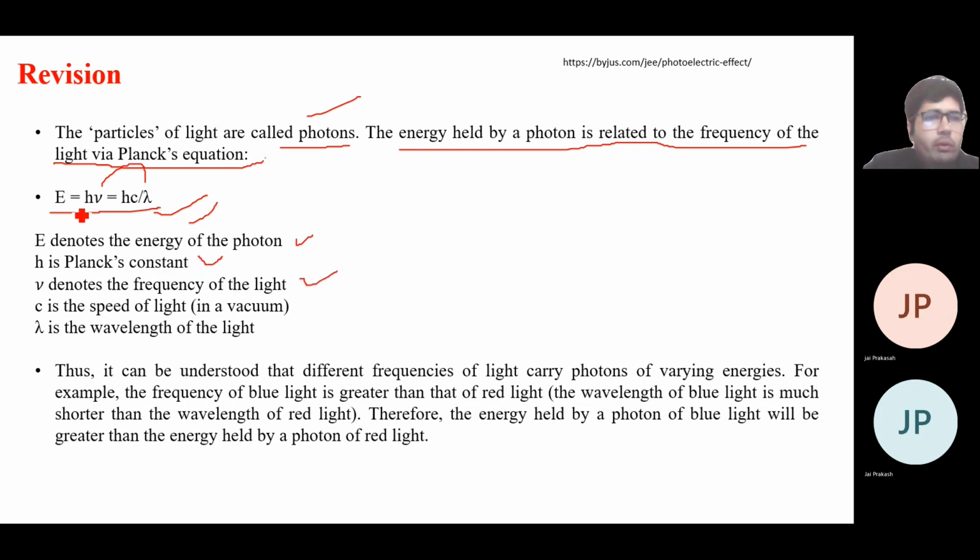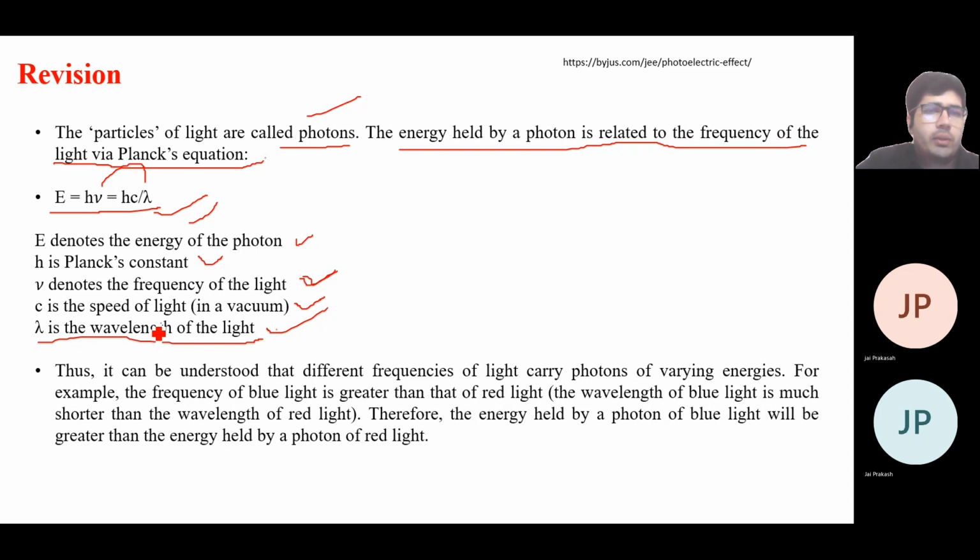If we know the frequency directly, we can put h nu directly, and if we do not have the frequency of the light, then we can put c upon lambda. c is the speed of light in vacuum, since electromagnetic waves travel at the speed of light in vacuum, and lambda is the wavelength of the light. So you can write E equals h nu or h c upon lambda.